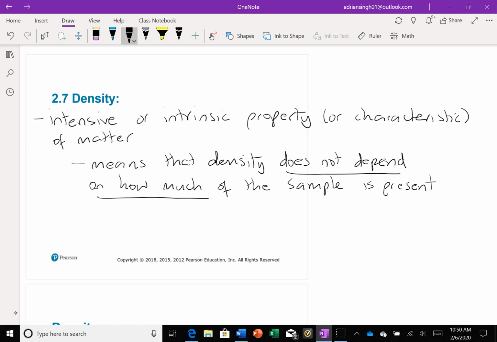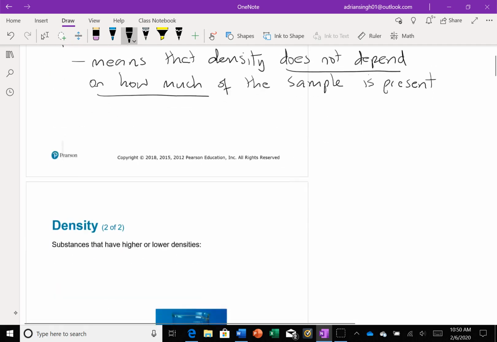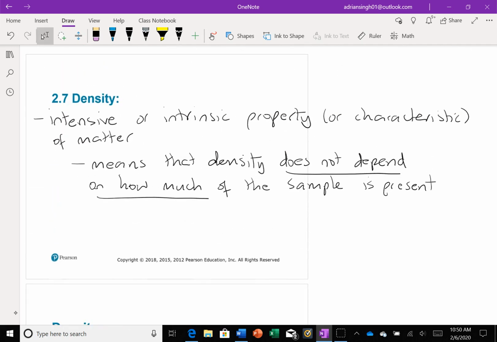So for example, if you have 1 gram of gold, it would have a certain density. If you have a kilogram of gold, it would have the exact same density. And that is because density is a ratio of a substance's mass to its volume.